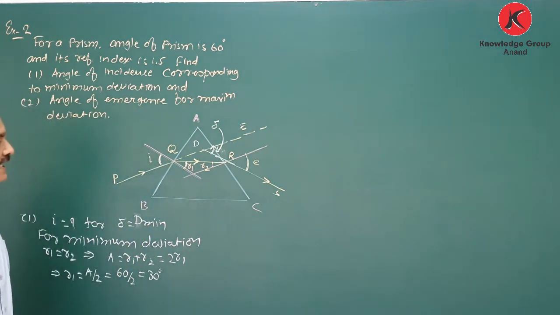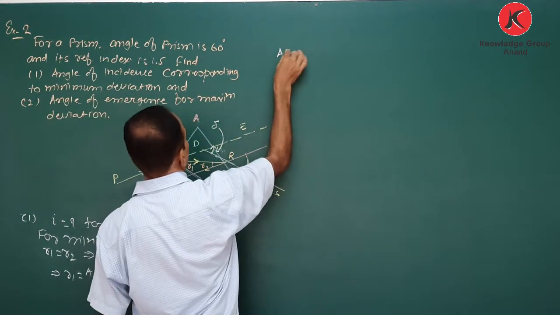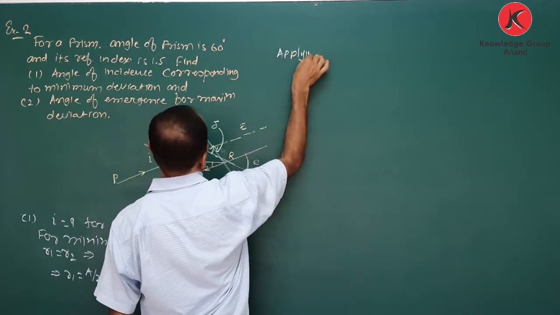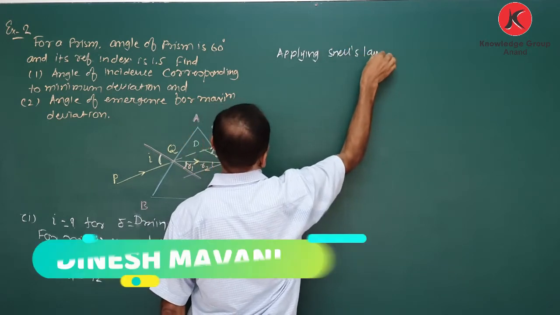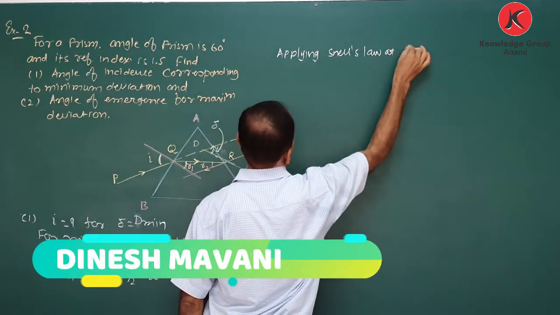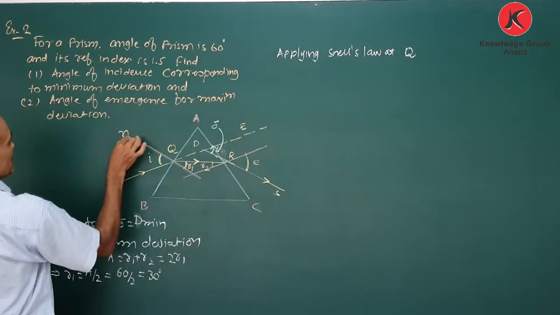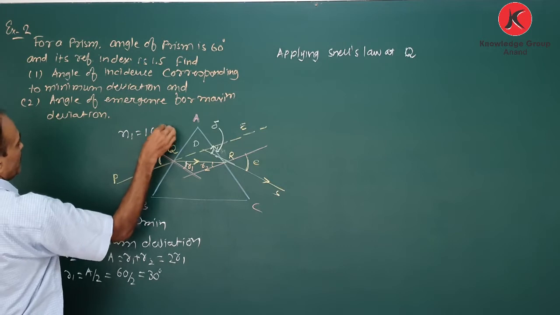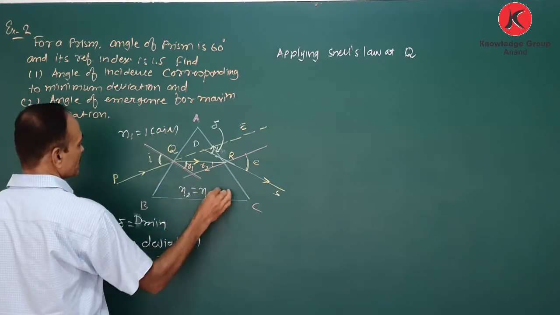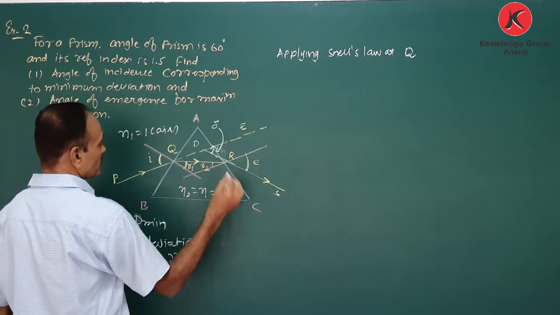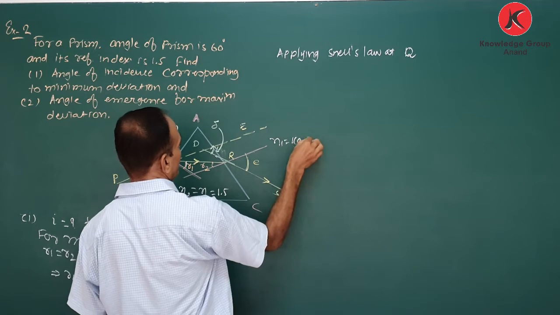We require this I, so how do we obtain it? By using Snell's law. Applying Snell's law at point Q. Here the refractive index N1 is equal to 1 for air medium. Here N2 is equal to N is equal to 1.5 for the glass medium.